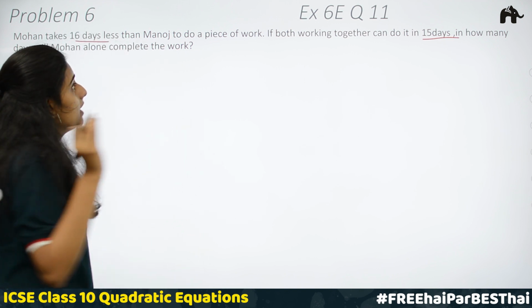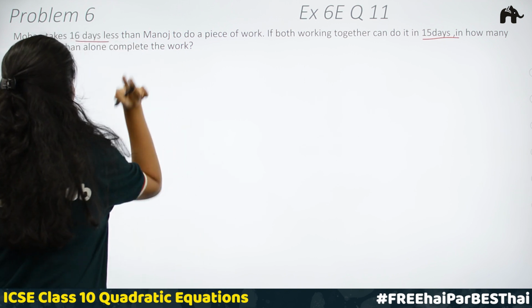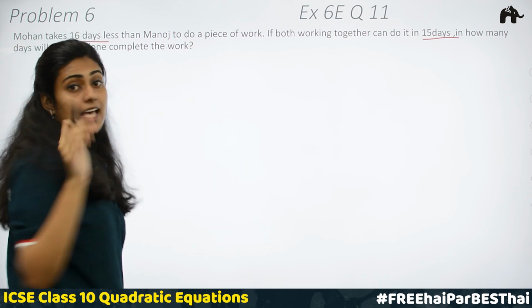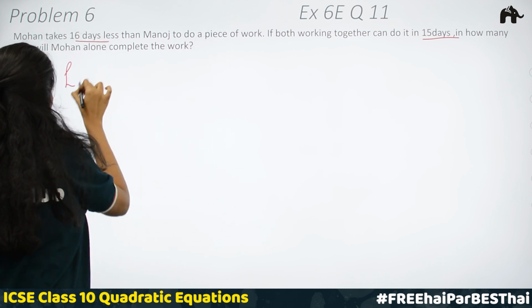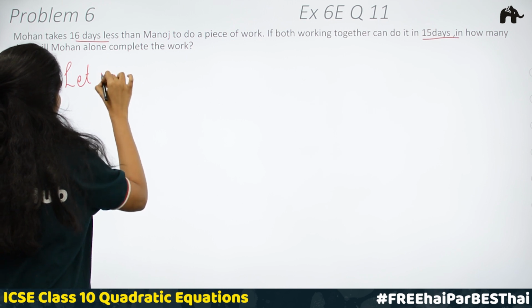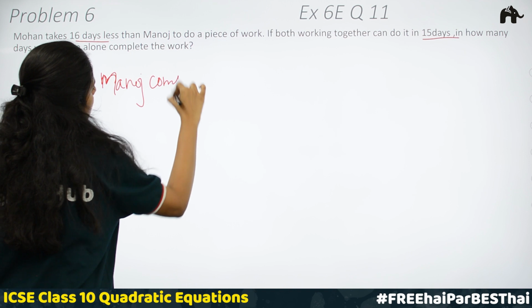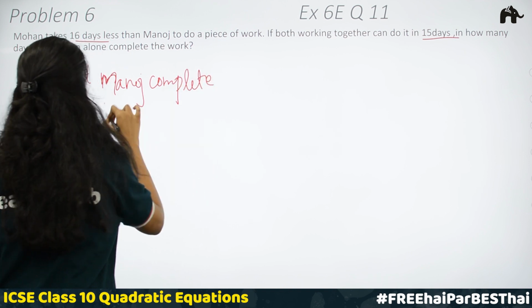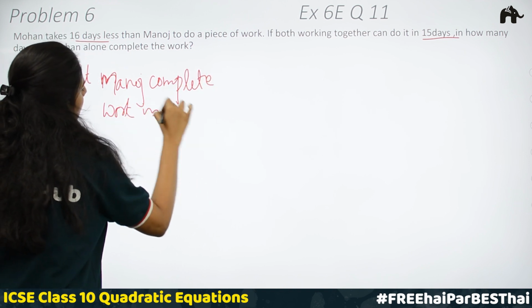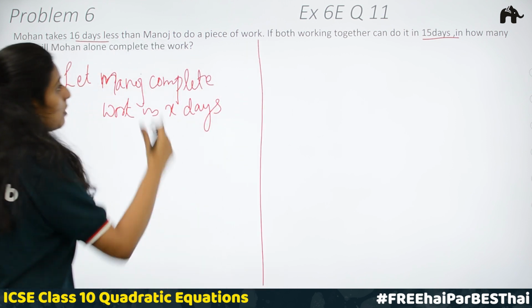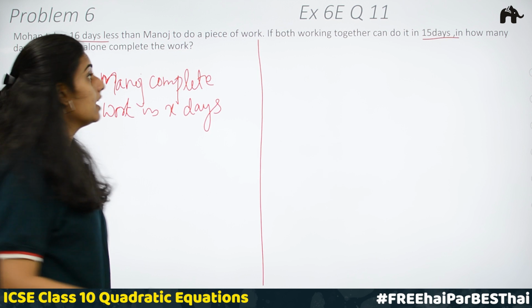Okay, let us take the number of days taken by Manoj to complete the work as x. Let Manoj complete the work in x days. Then what is the number of days taken by Mohan?